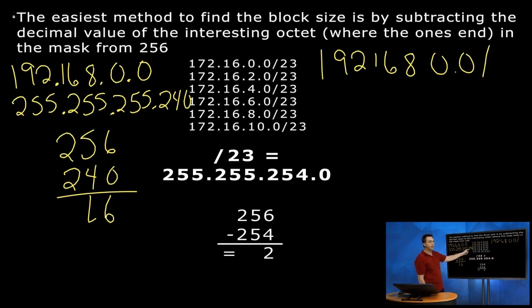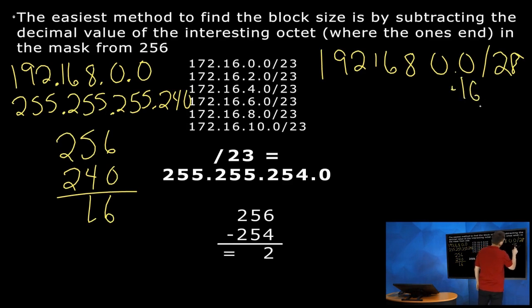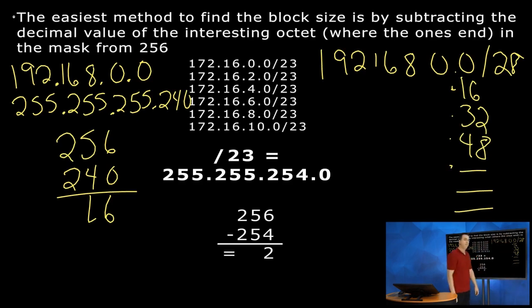What is that? It's 28. Good job. So slash 28. And then what do we want to do after that? Well, we're counting by, we said, 16 in the fourth. So now the next one's going to be 16. And then 32. And then 48. And so on and so forth. So there you go.